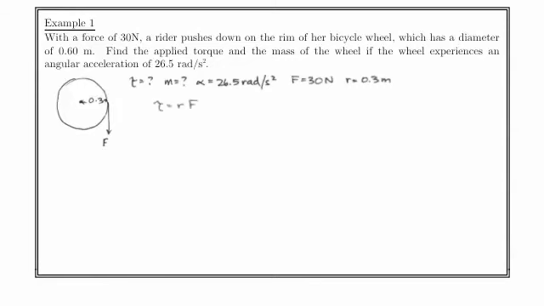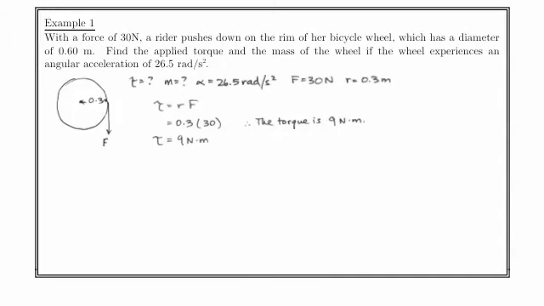Let's find first the torque. Torque is equal to R times F. The sine theta term is irrelevant here because theta is 90 degrees and the sine of 90 is 1. 0.3 times 30 is 9. So the torque acting on this bicycle wheel from the rider is 9 Newton meters.